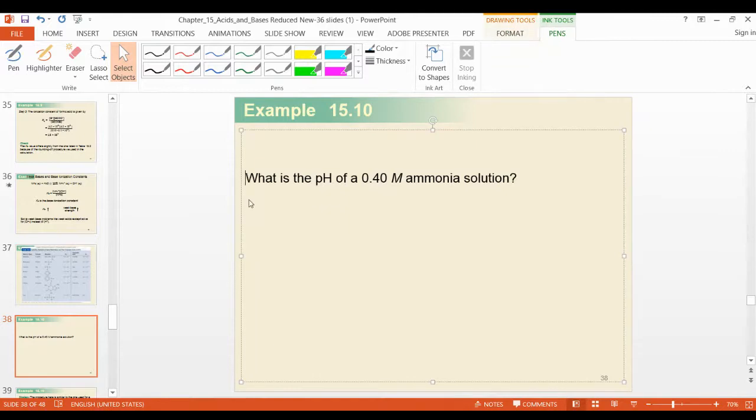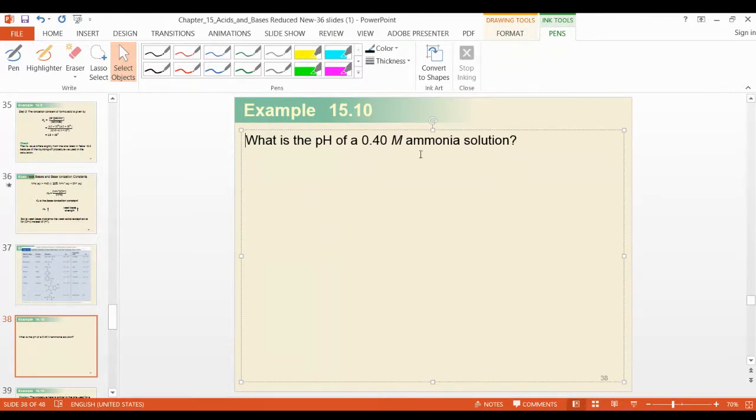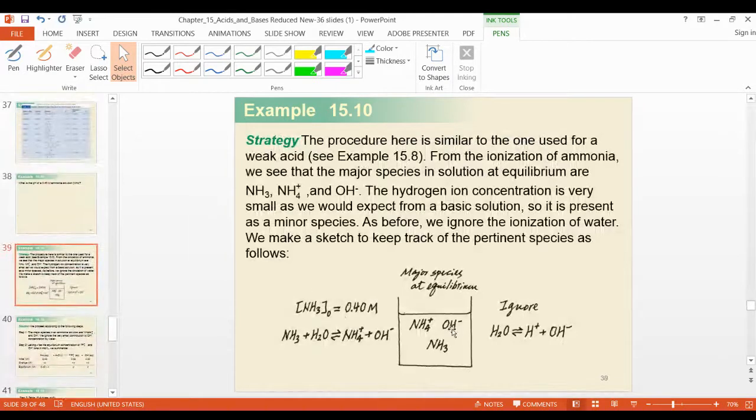Suppose now you have to determine the pH of a 0.4 molar ammonia solution. Ammonia solution is NH3. Ammonia is a weak base, right? You dissolve ammonia into water, so the initial concentration is 0.4.